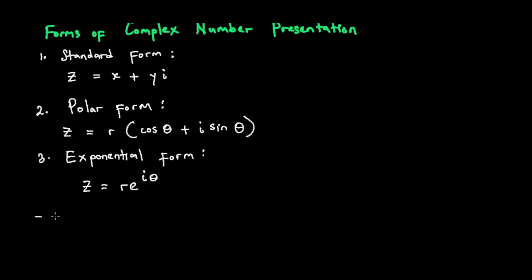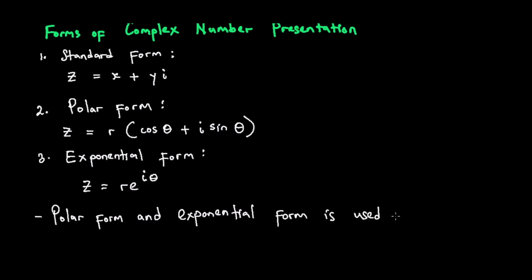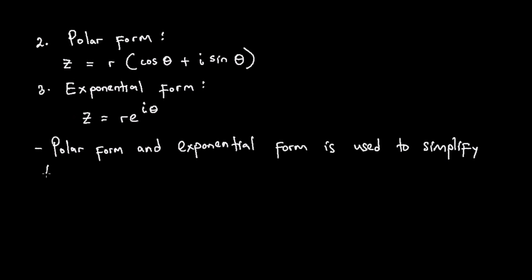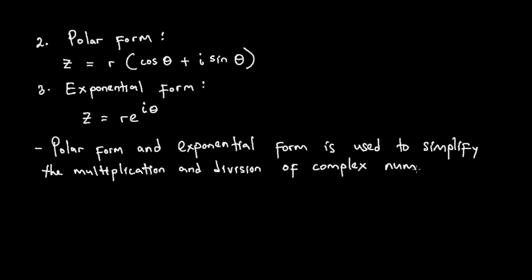We can write that as a point: the polar form and exponential form is used to simplify the multiplication and division of complex numbers.